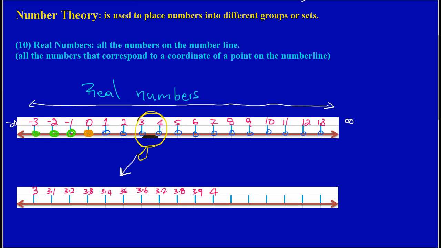So if you look carefully, between 3 and 4 there are a lot of values that exist, and we have represented them here on this number line.